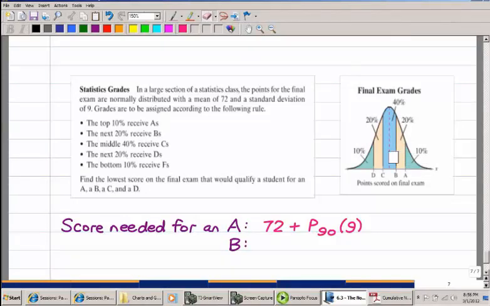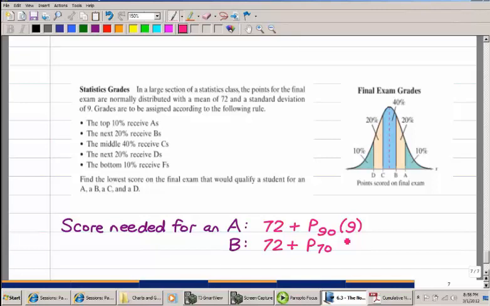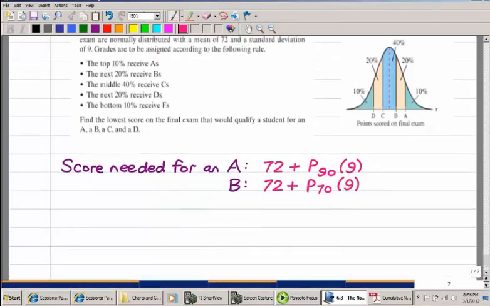But as far as our calculation, there's 70% below that cutoff for the B. So the way you'd make this calculation is 72 plus P70 times 9. And that would tell you your grade necessary for a B.